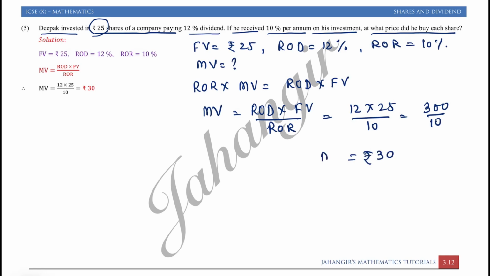This was just a basic question, and here we understood how from face value, rate of dividend and rate of return we can find MB easily. In the previous question we understood how to find annual income from the face value and rate of dividend.